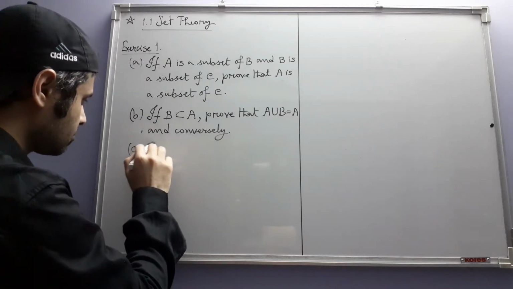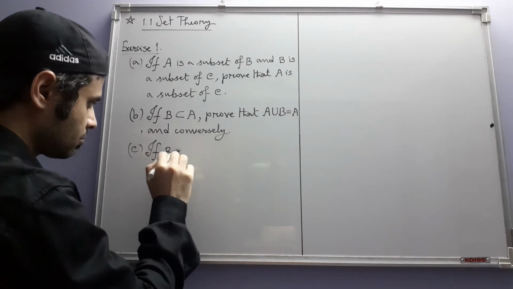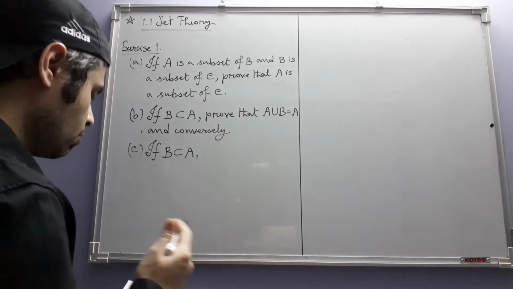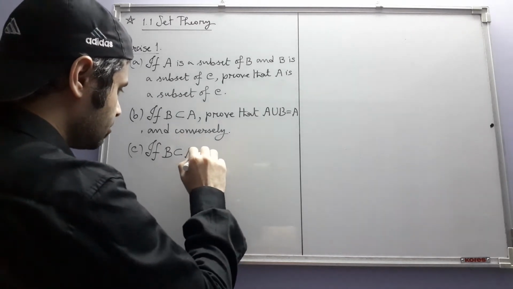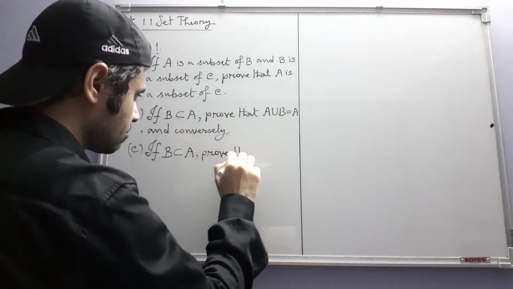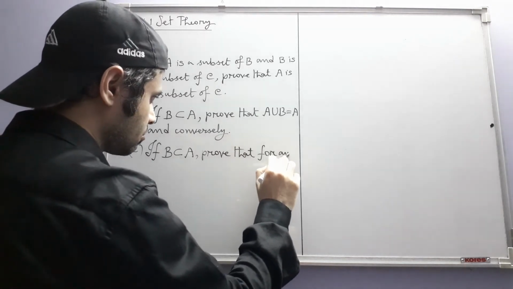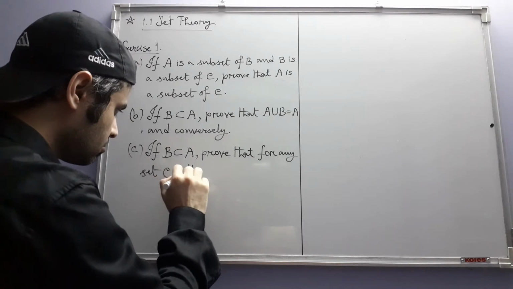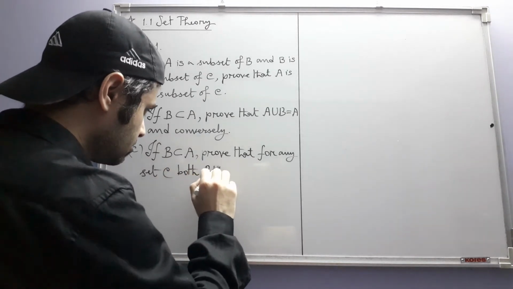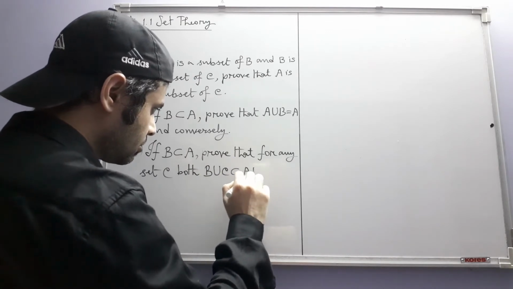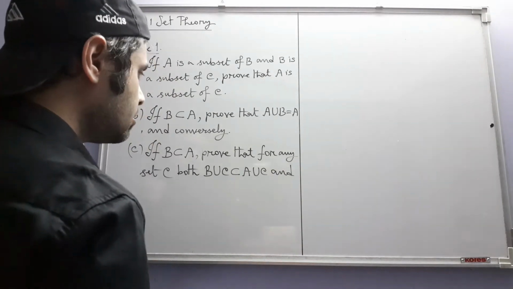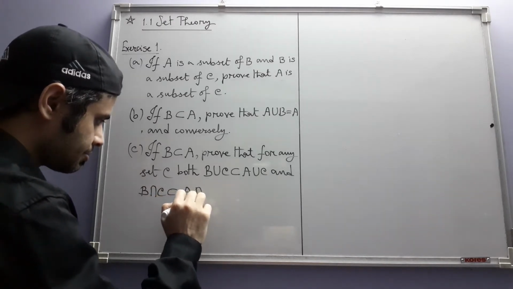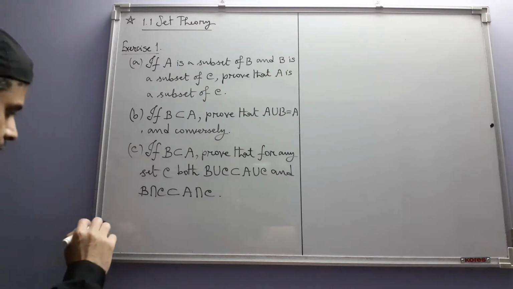And part C, again, if B is a subset of A, prove that for any set C, both B union C is a subset of A union C and B intersection C is a subset of A intersection C. So the solution is very easy.